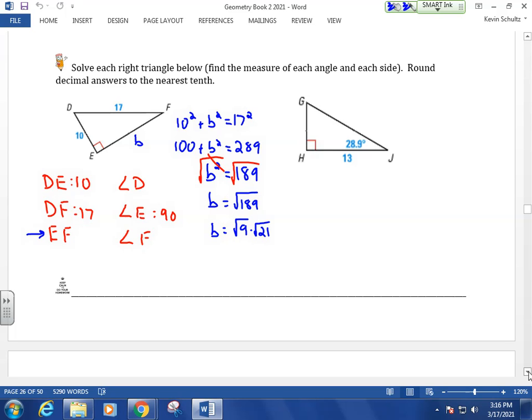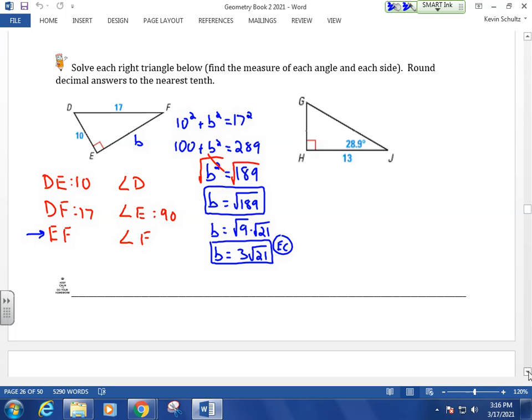We care about that perfect square because we can reduce that to be 3. Root of 9 is 3. Root 21, we can't simplify any further. It does not have any perfect square factors, so we leave it as 3 root 21. So on a test, this is an acceptable answer. This would get you extra credit.